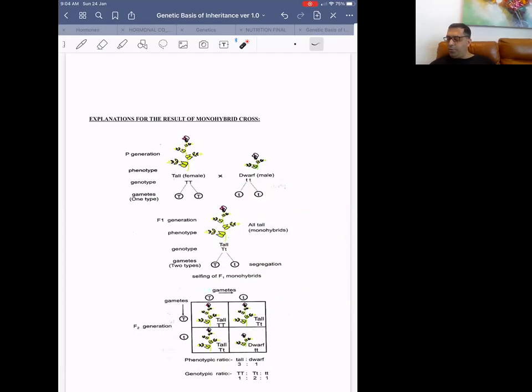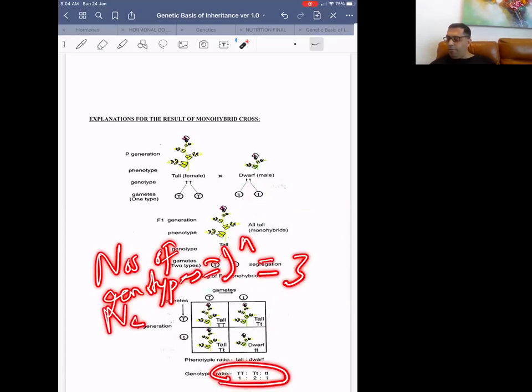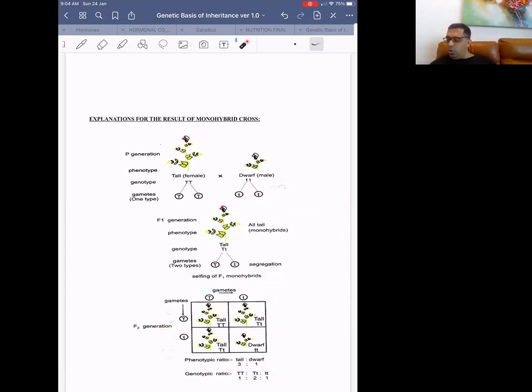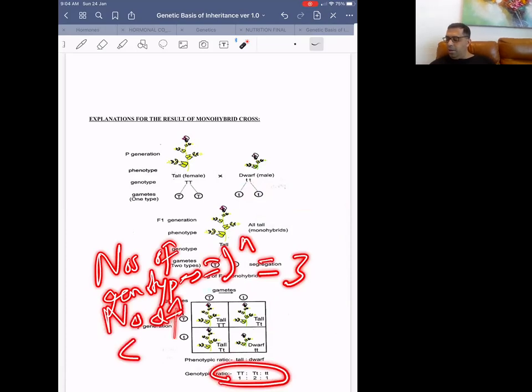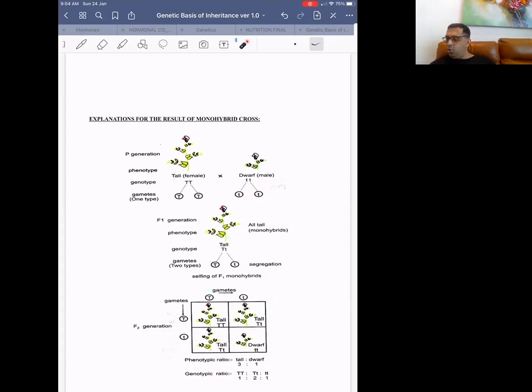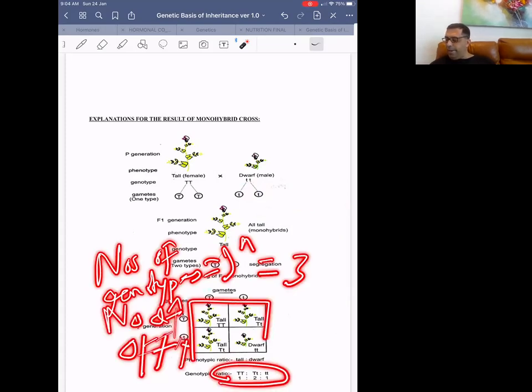And the number of offsprings is 4 raised to n, where four offsprings are produced.